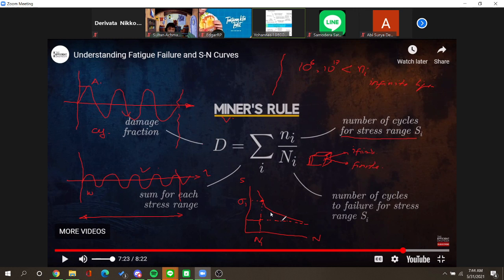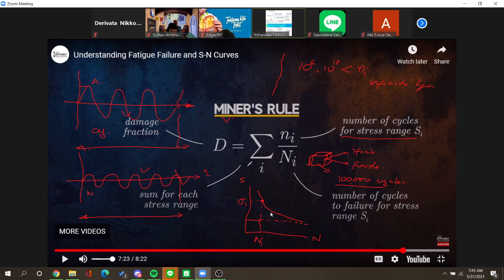But for finite life, we have to design how many cycles this product can resist. So, for example, for 100,000 cycles, we can estimate the operating time for this machine.